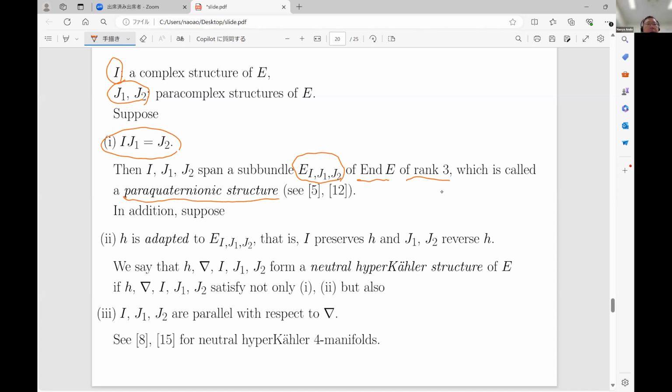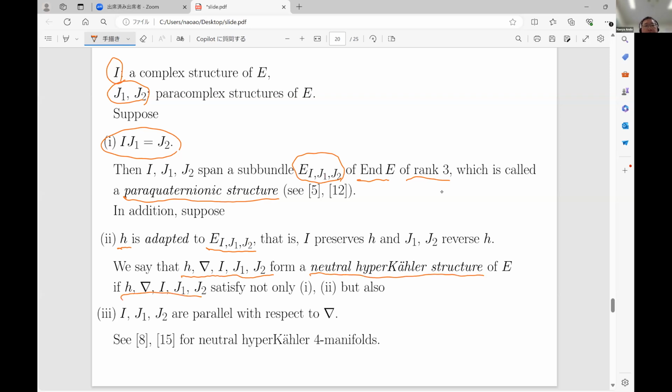In addition, suppose that a neutral metric H is adapted to it. That is, I preserves H and J1, J2 reverse H. We say that H, nabla, I, J1, J2 form a neutral hyperkähler structure of E.